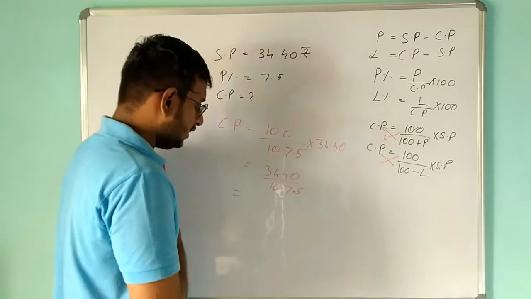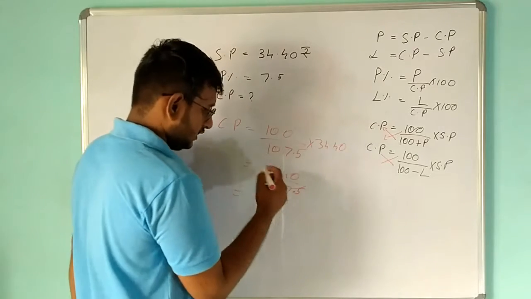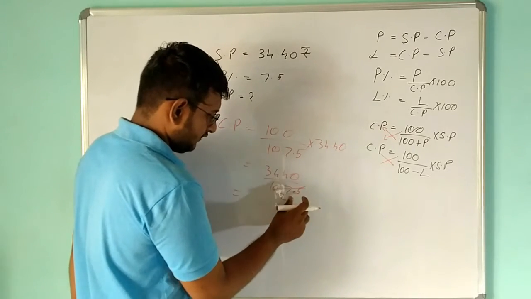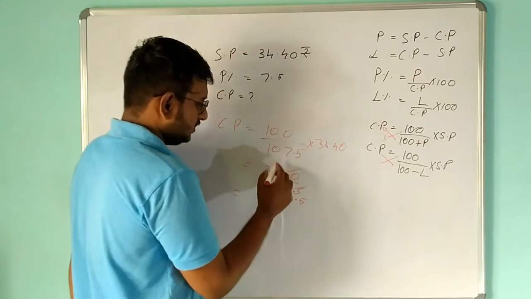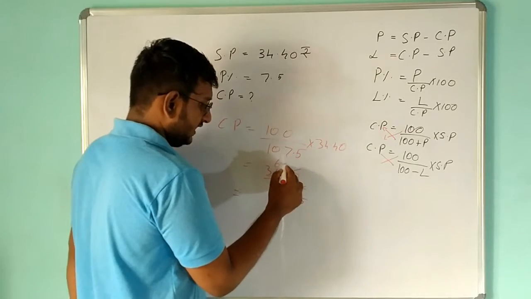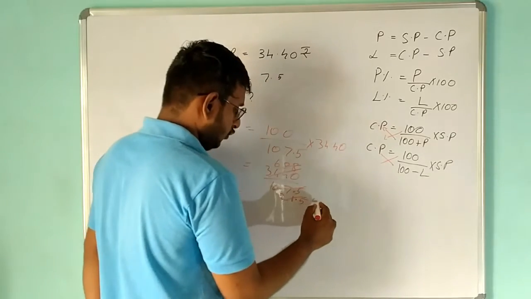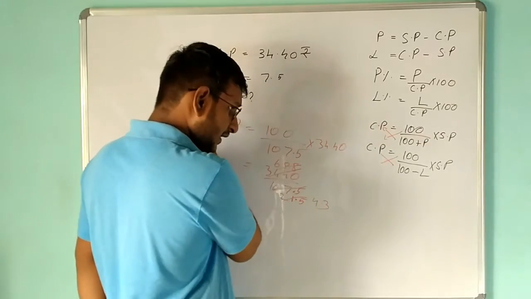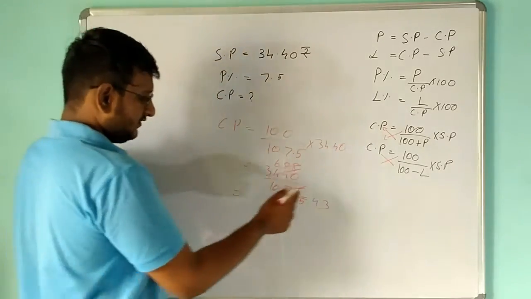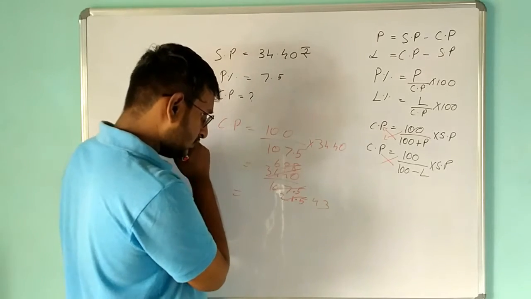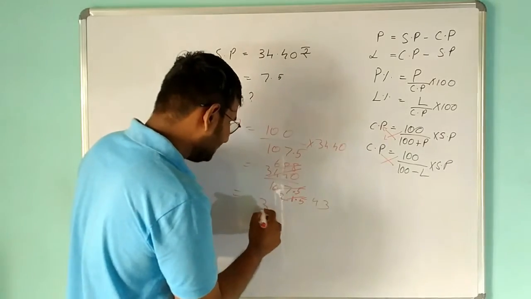Then we can cancel 34.40 as well, and we will be having around 32.